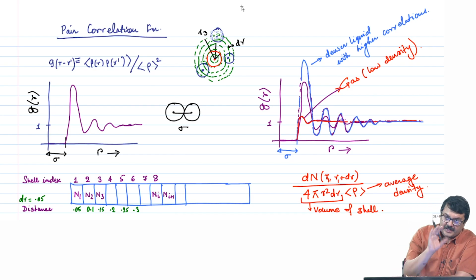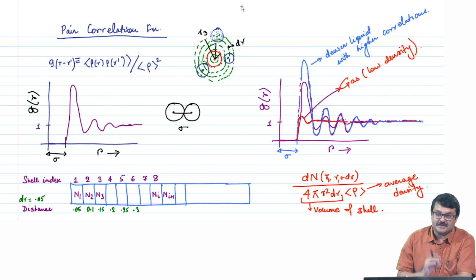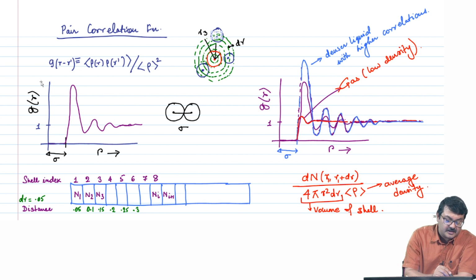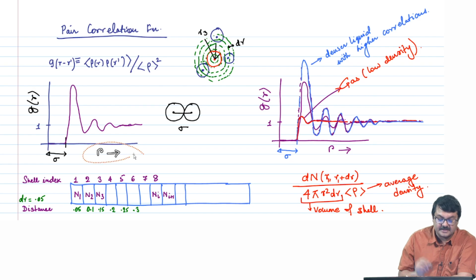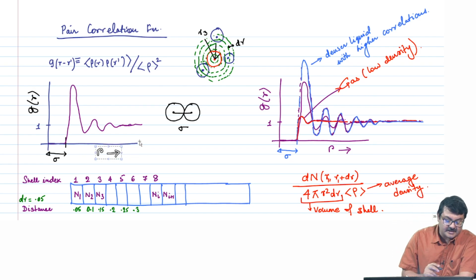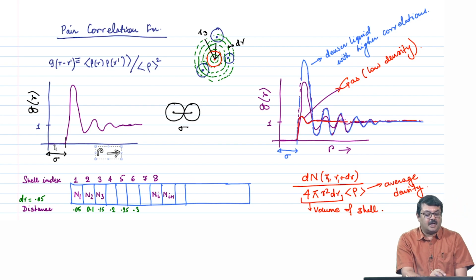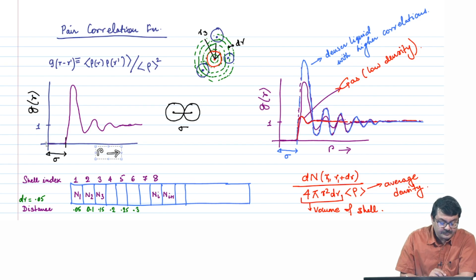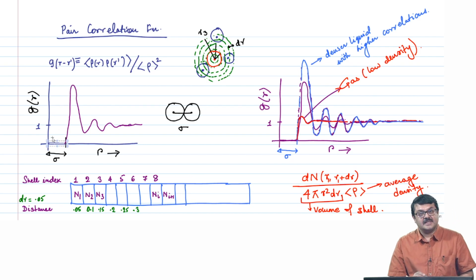So, for a simple liquid like a Lennard-Jones fluid at a suitable density, suppose around 0.2 or 0.3, what you would find is, if I plot g of r, the pair correlation function, on the y axis versus r, the distance between two particles, on the x axis, then g of r would be 0 at very small distances till r becomes of the order of sigma.